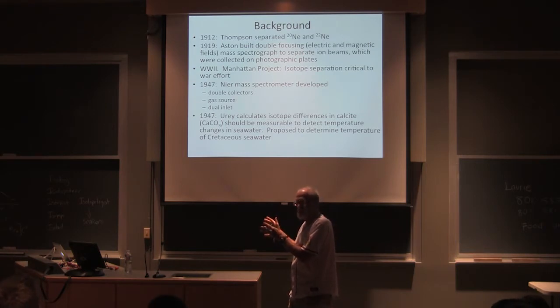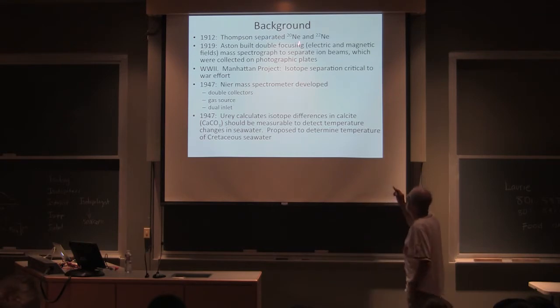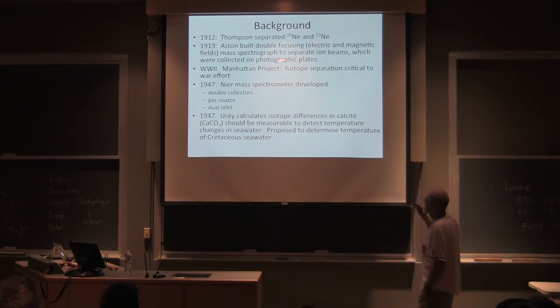And maybe that was how come neon was 20.4, because it was mostly this stuff and about 10% that stuff. And that would explain 20.4. So this was the discovery of multiple isotopes in the same element.